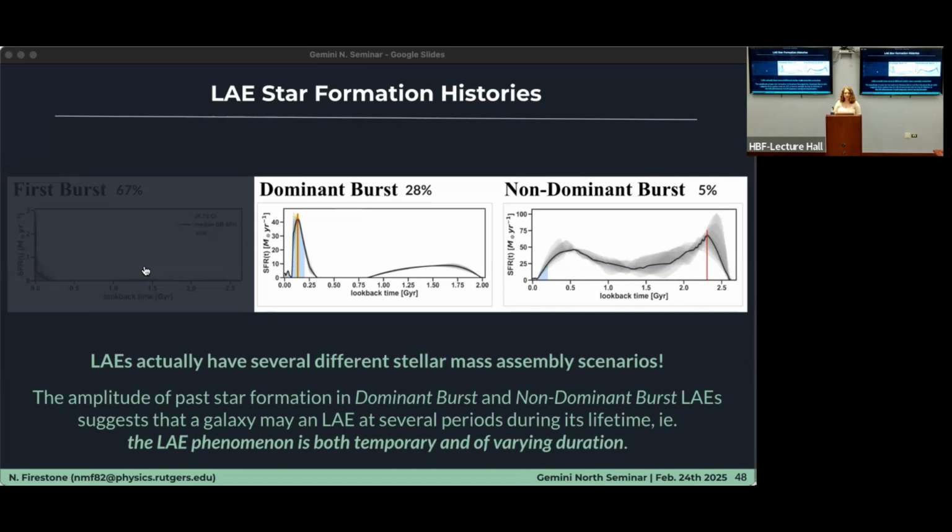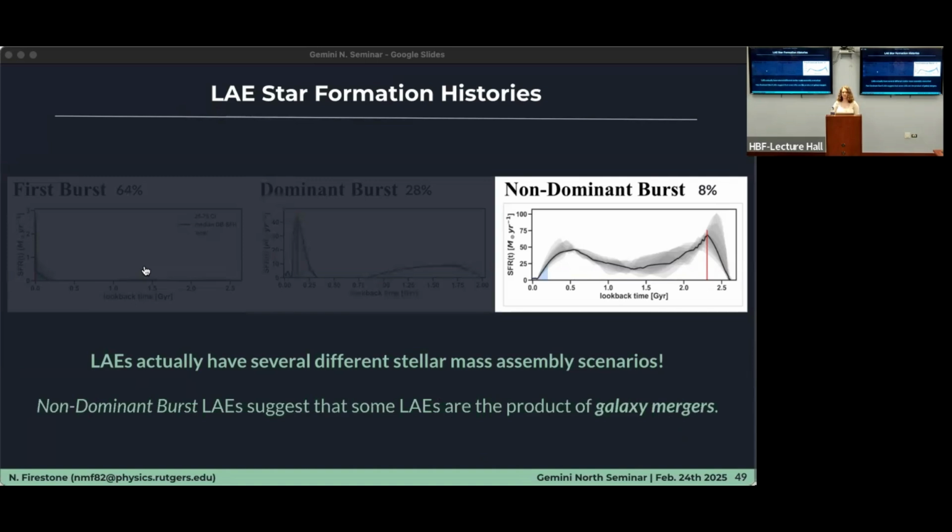This tells us that the LAE phenomenon could be both temporary and of varying duration, which is a really interesting and fascinating conclusion.